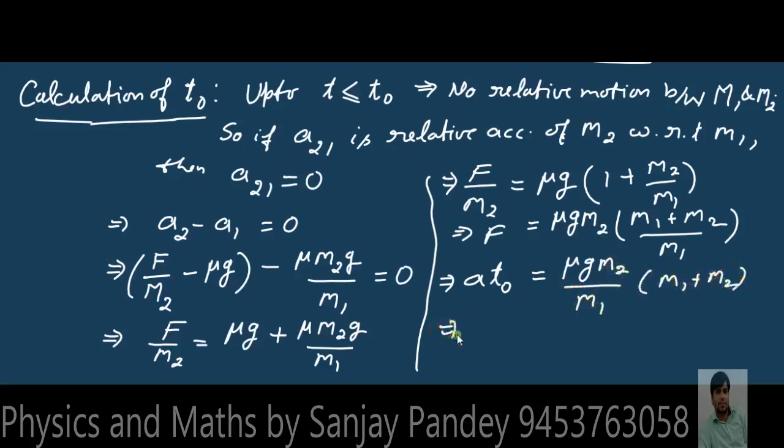It means t0 is equal to mu g m2 (m1 + m2) upon A m1.